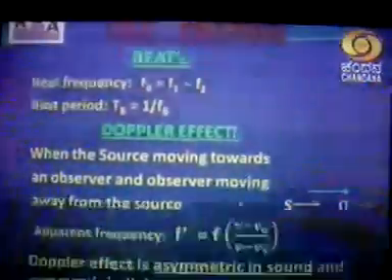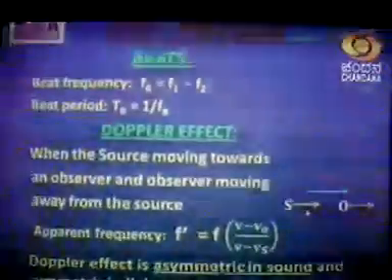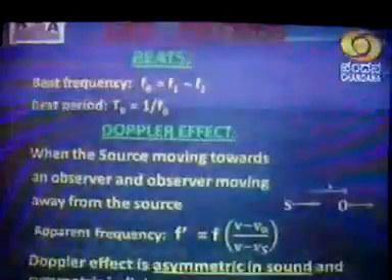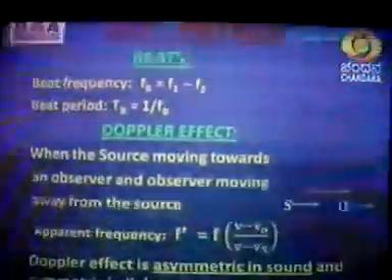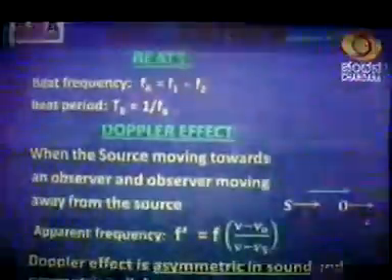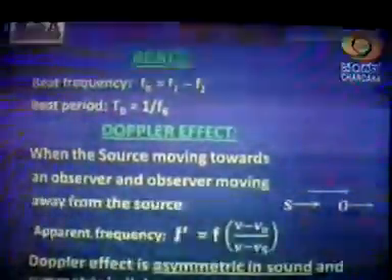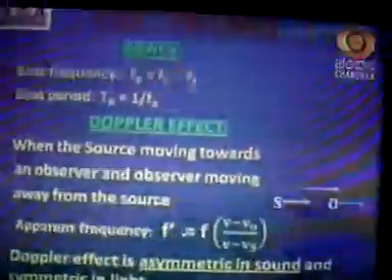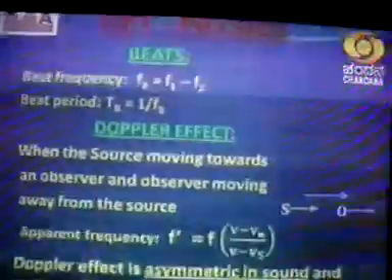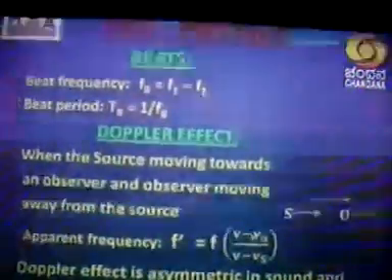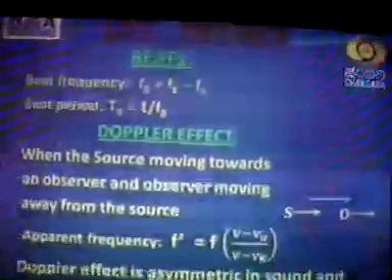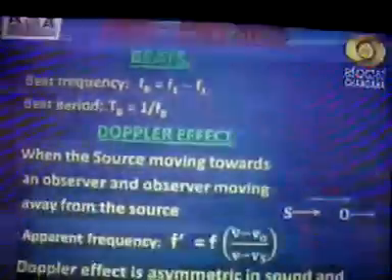The source emits sound of frequency F and is moving with a velocity Vs, the sound emitted by the source moves with a velocity V, and the observer is also moving away from the source with a velocity V0. Then the apparent frequency, that is the frequency as heard by the observer, is equal to F times (V minus V0) upon (V minus Vs). Here V0 is the velocity of the observer, Vs is the velocity of the source, and V is the velocity of the sound.